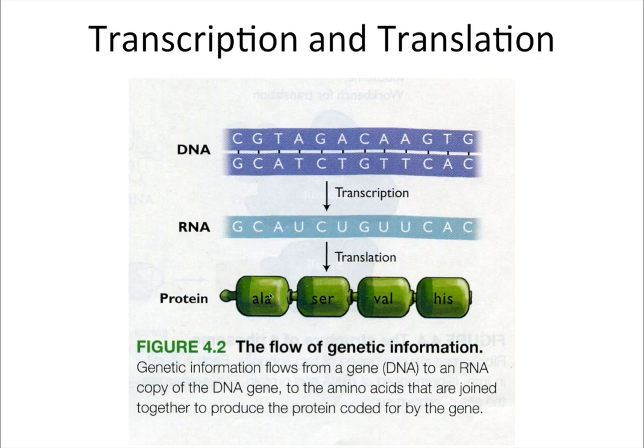So for example, you would see 1, 2, 3, 4, 5, 6, 7, 8, 9, 10, 11, 12 RNA nucleotides. Since each 3 correspond to an amino acid, you would end up with 4 amino acids strung together in the form of a protein.